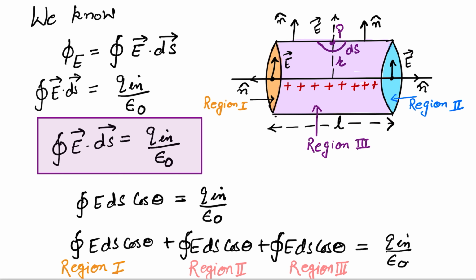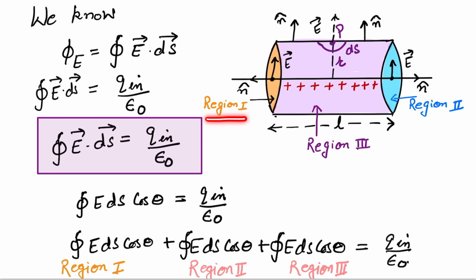We have drawn the cylinder in 2 dimensions, but actually the cylinder is a 3-dimensional object. If you assume a cylinder like this, the upper 2 portions are the circular ones, right? And the remaining portion is the curved portion. So we divide the entire cylinder into 3 regions.